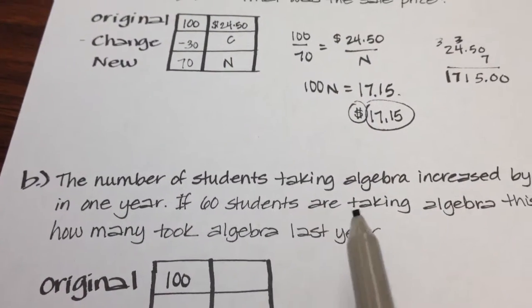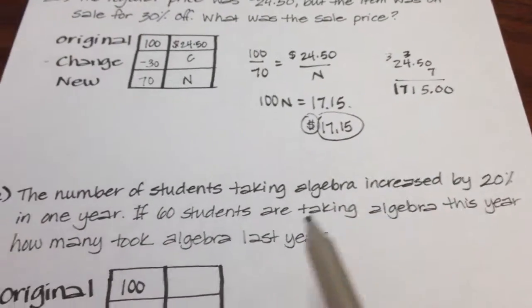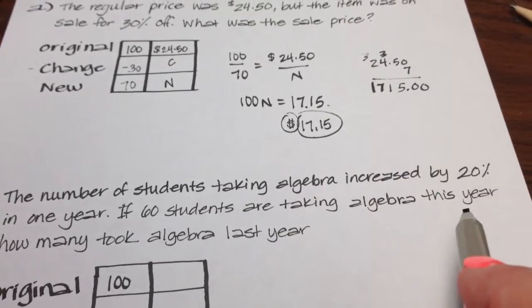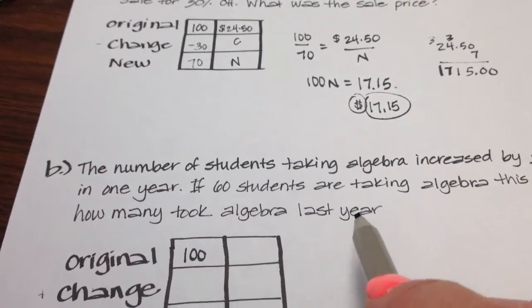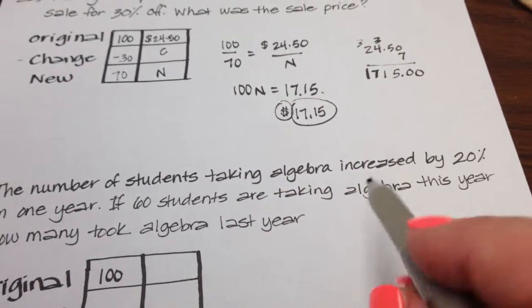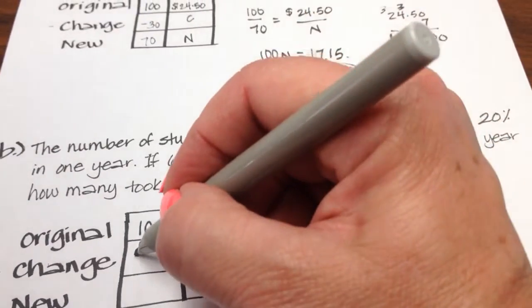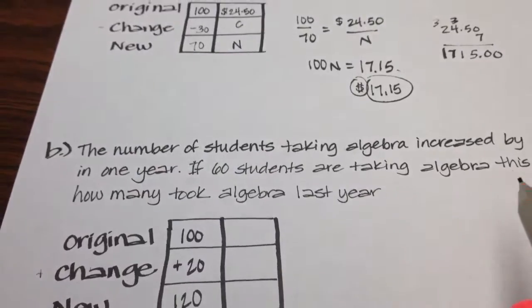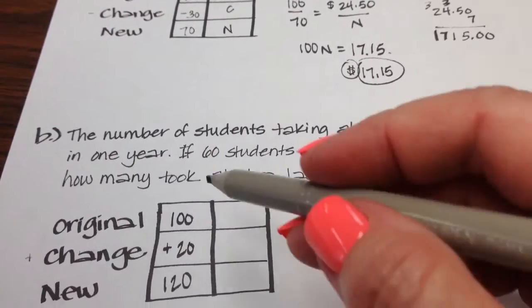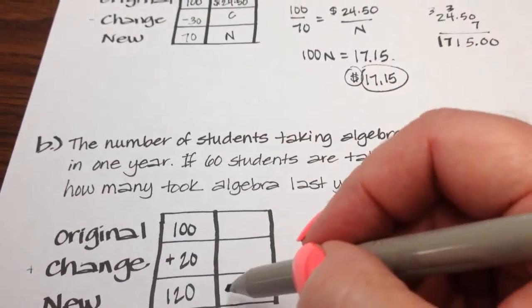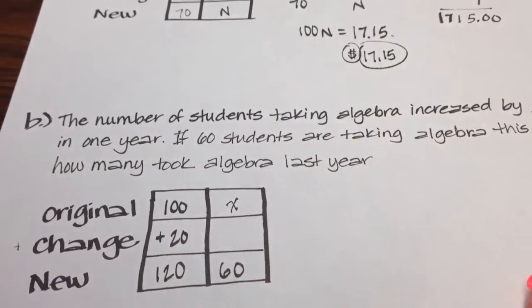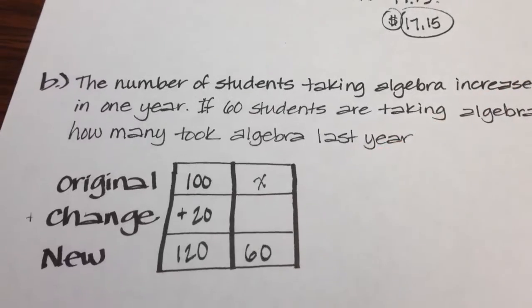Okay, one more. The number of students taking algebra increased by 20% in 1 year. If 60 students are taking algebra this year, how many took algebra last year? Okay, so it told us it increased by 20. So I got my plus 20, so I got 120%. And I'm told that this year the 120% is 60 students. And I want to know how many students were in there last year.